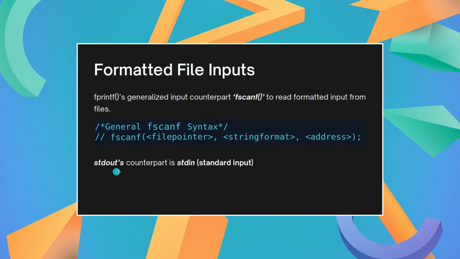Similar to fprintf, anything that can be done by fscanf can also be done by scanf and vice versa. We can do the same with fscanf and scanf by simply using standard input as a placeholder for our file pointer.